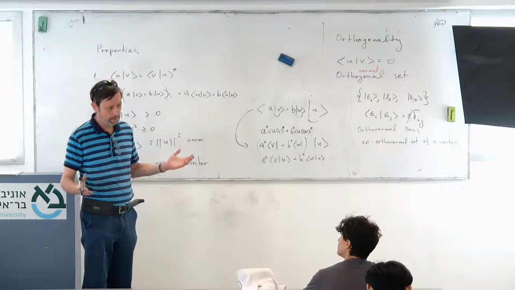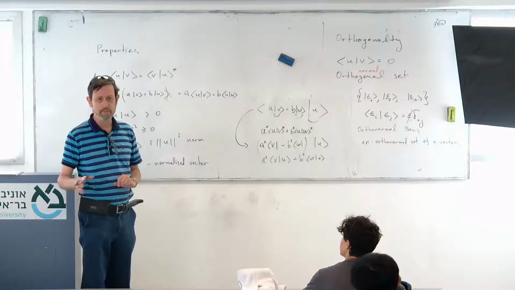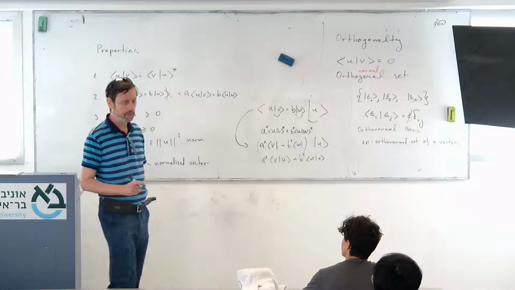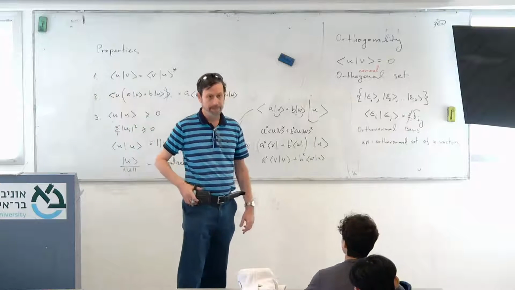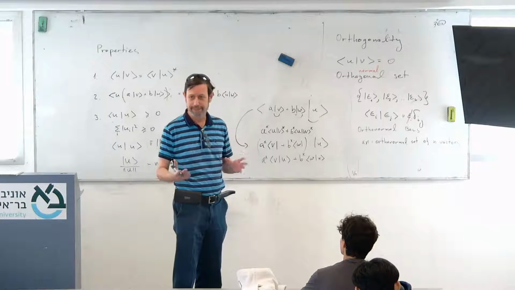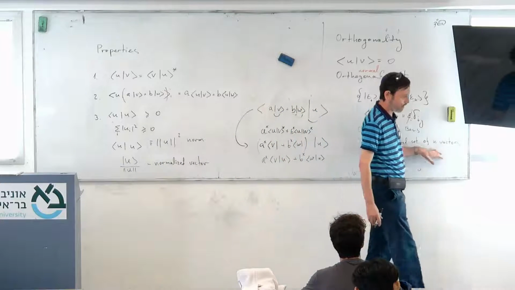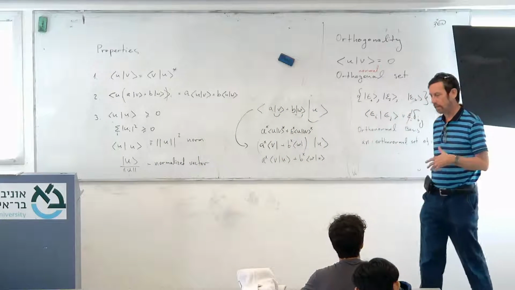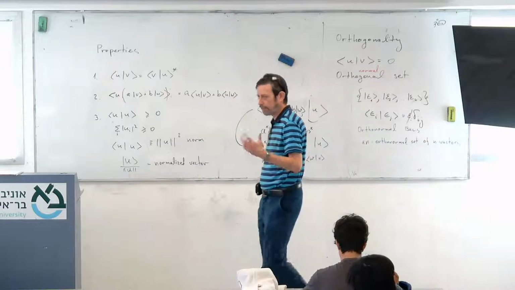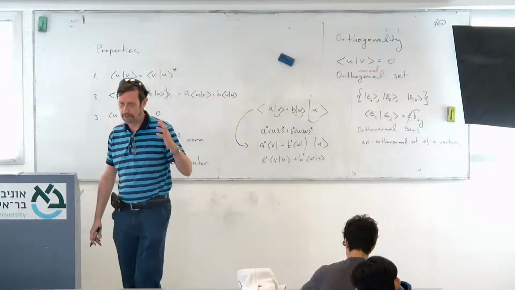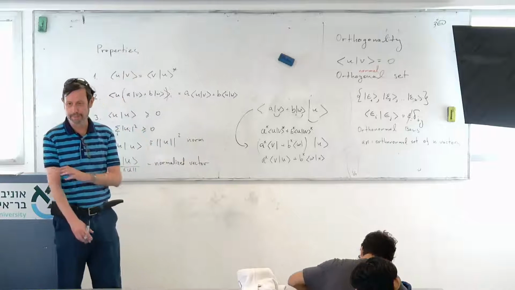I can do it, but I won't spend time on it. So if I have a space of dimension n, I need n basis vectors.